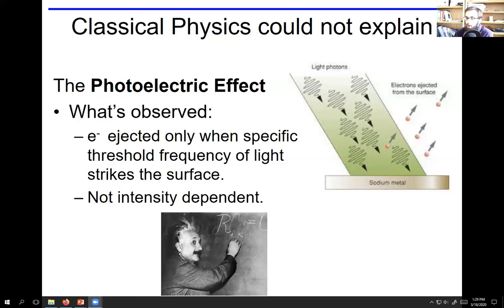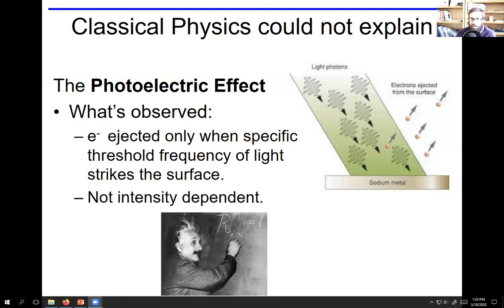According to classical physics, if you took a very, very powerful laser, a huge honking red laser, and you shined very, very bright red light on the sodium metal, you would then expect to get electrons emitted. But if you do the experiment, you don't. You just never get electrons coming out. It doesn't matter how powerful that red laser is. You have to use a different color of light in order to get the electrons out.